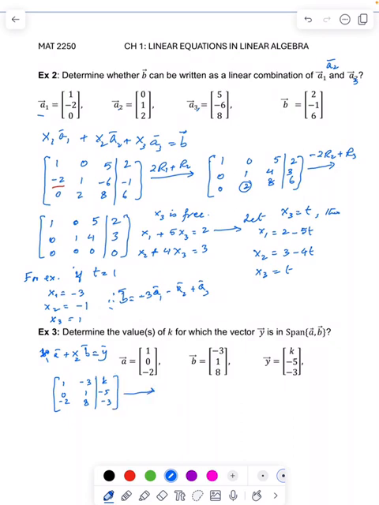So again, we make the -2 a 0. This quantity we may want to make 0. So multiply the first row by 2 and add it to the third row. So the third row becomes 0, 2, and over here I have 2k minus 3.